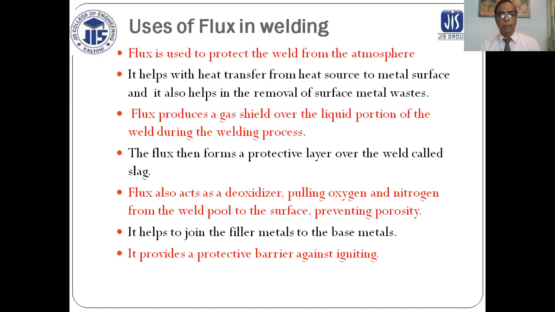Flux then forms a protective layer over the weld called slag. Flux also acts as a deoxidizer, pulling oxygen and nitrogen from the weld pool to the surface and preventing porosity. It helps to join filler metals to the base metals. It provides a protective barrier against igniting.